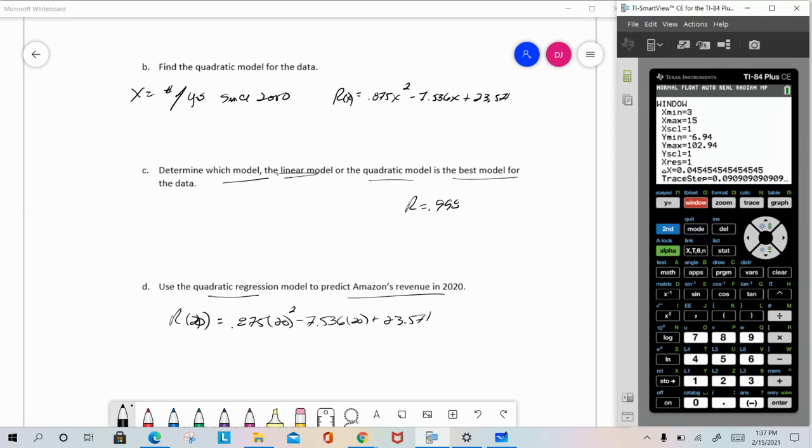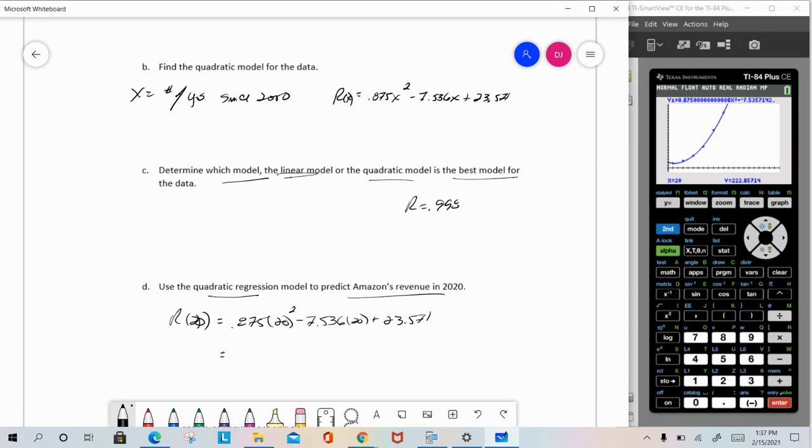If we hit window, we can see that our X max here is 15. So we're going to set our X max to say 25. So notice the graph is scooped over here farther to the left. Second, calculate the value when X is 20. And we would use this model to predict it in 2020.